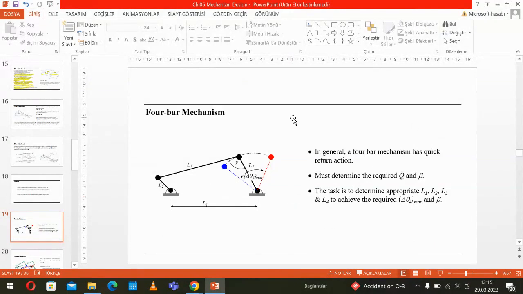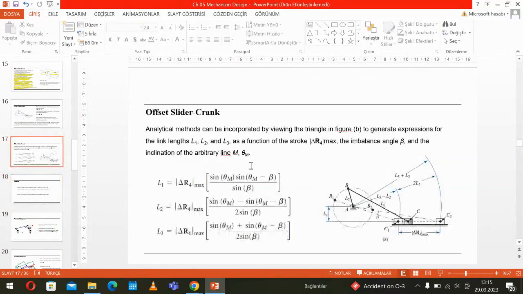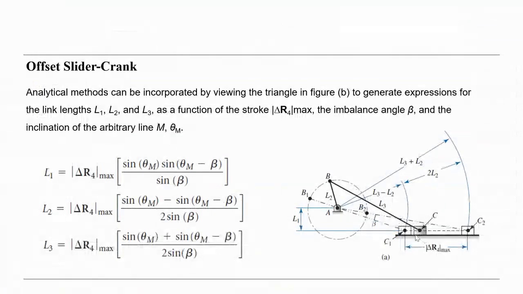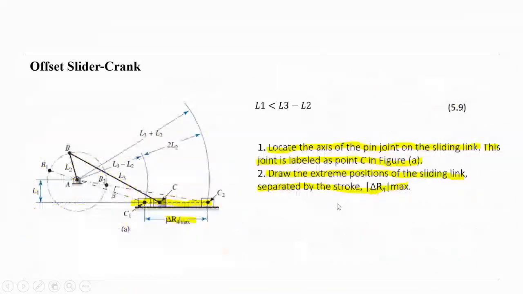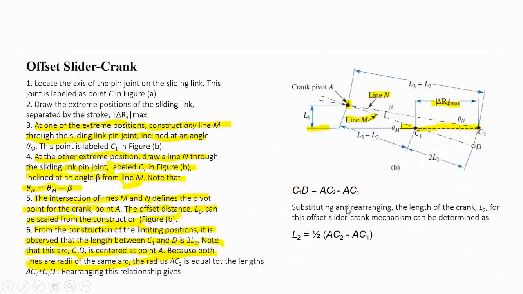And also you can write a simple program and check the displacement of the point C here. I mean the slider, the displacement of the slider with the angle of the crank. I call it the transfer function, like we discussed in the previous chapters.